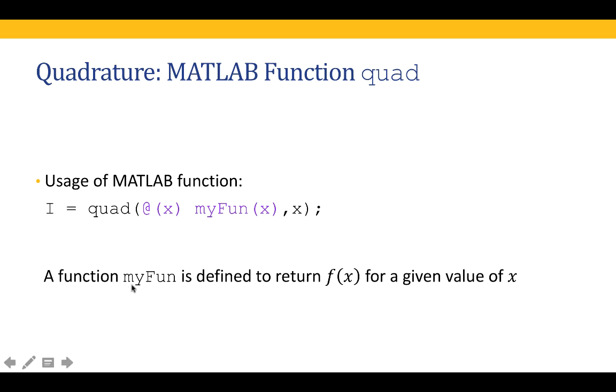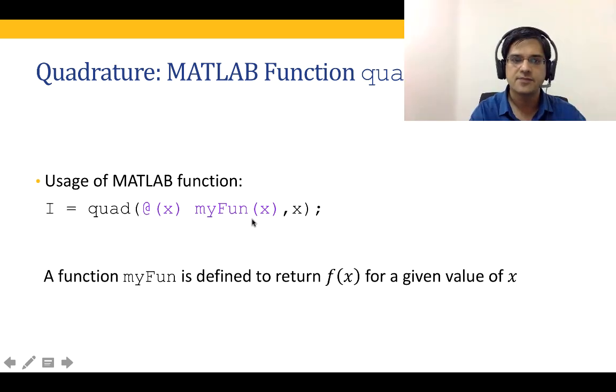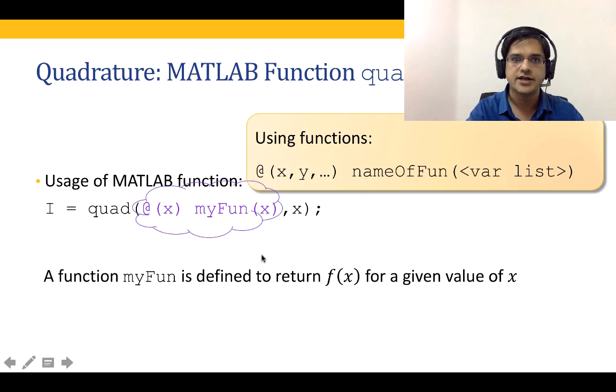So the function myfun returns f of x for any given value of x. This x is specified in the brackets after the @ sign, and myfun is the name of the file that we are going to use in order to pass on that function.